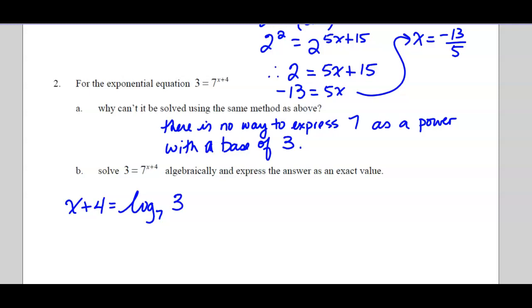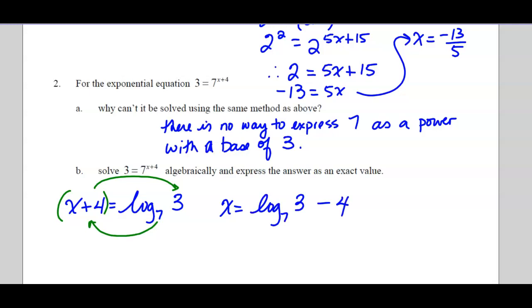So if you think about working backwards to check, 7 to the exponent x plus 4 has to equal 3. Okay? So the base there is the base here. So now to get x by itself, there you go. Okay? So that's using the definition of the logarithm, converting it from exponential form to logarithmic form.